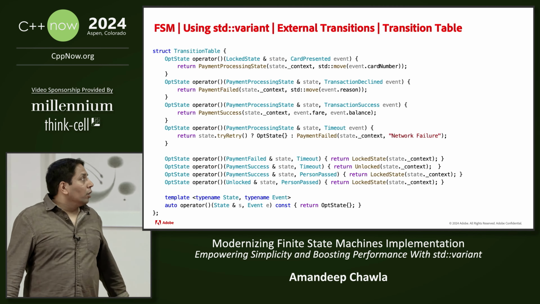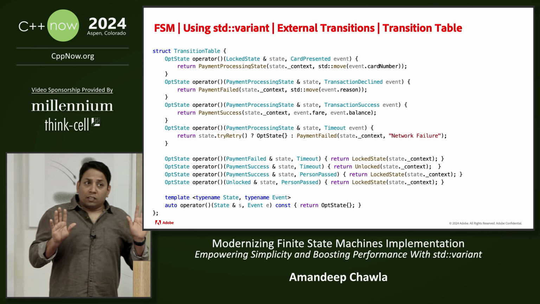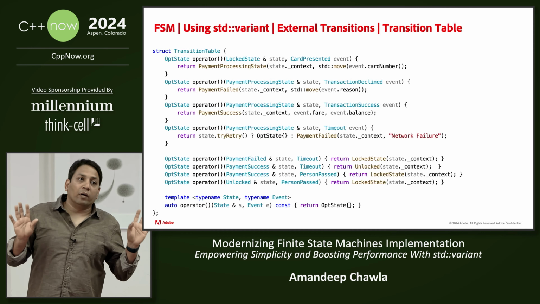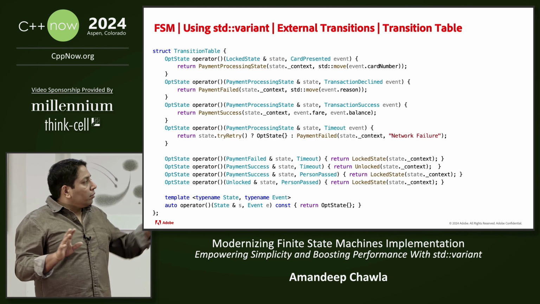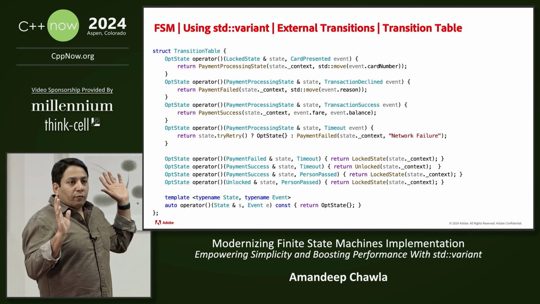The state knows what my retry count is, so it just says, please try another time. If it returns true, that means I'm still in the same state. But if the state says, no, I'm done, I can't do anything more, then it says, okay, I've failed, and I should move to payment failed. Other than that, everything is coded in this object.